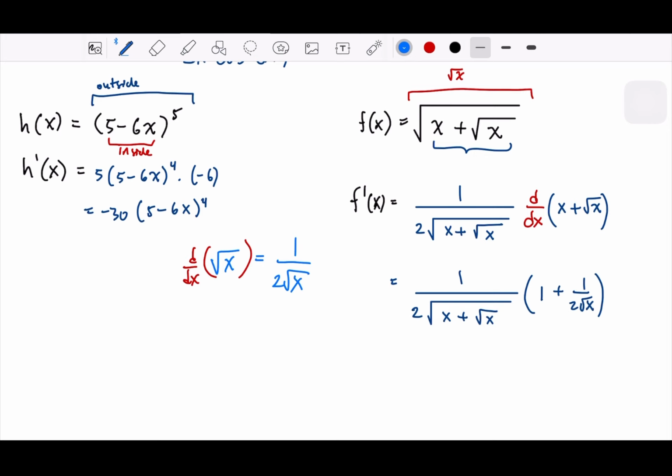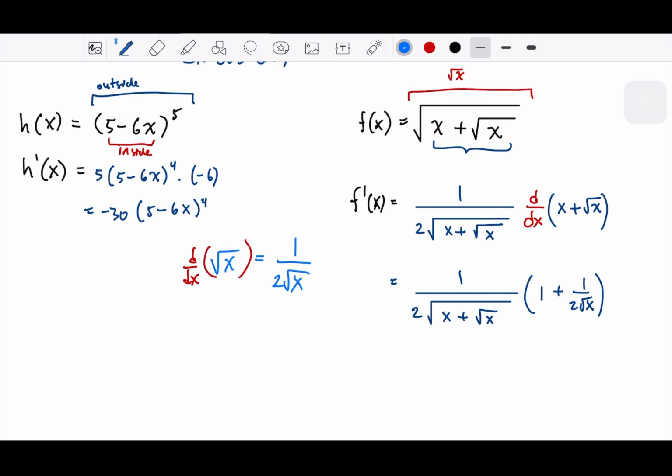You can prove this with the power rule, x to the power of half, and if you derive that, you will see it gives this.